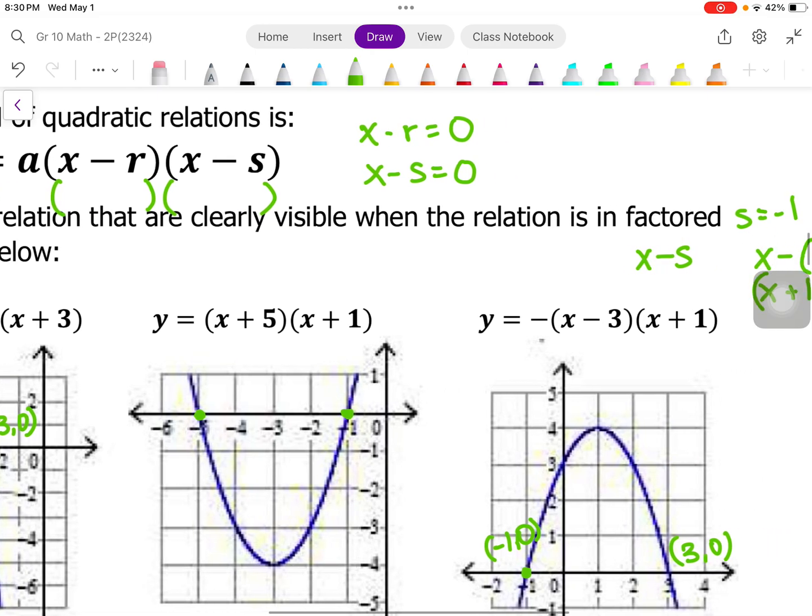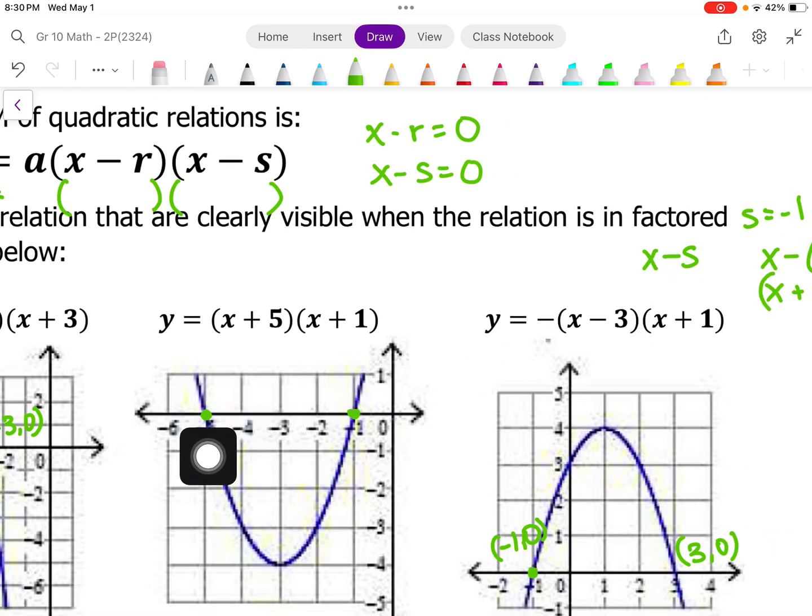So if we take one particular example over here where I have x plus 5, if x plus 5 equals 0, well, when does that happen? If I take this plus 5 and move it over, remember when we solve equations, to move something to the opposite side of the equal sign, we have to do the opposite operation.